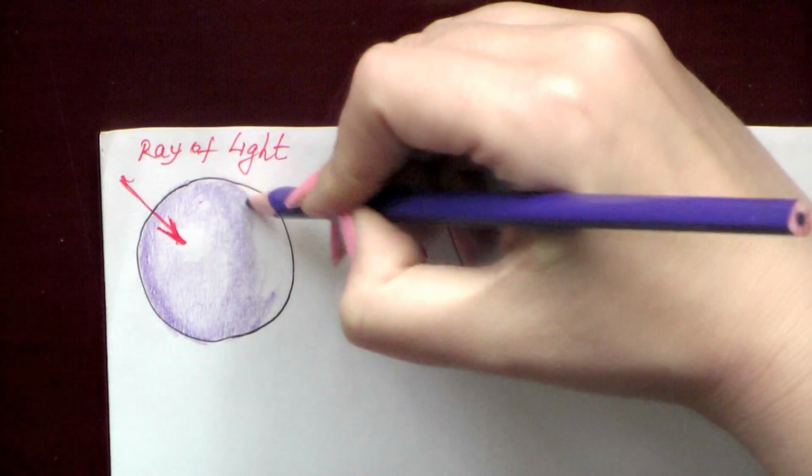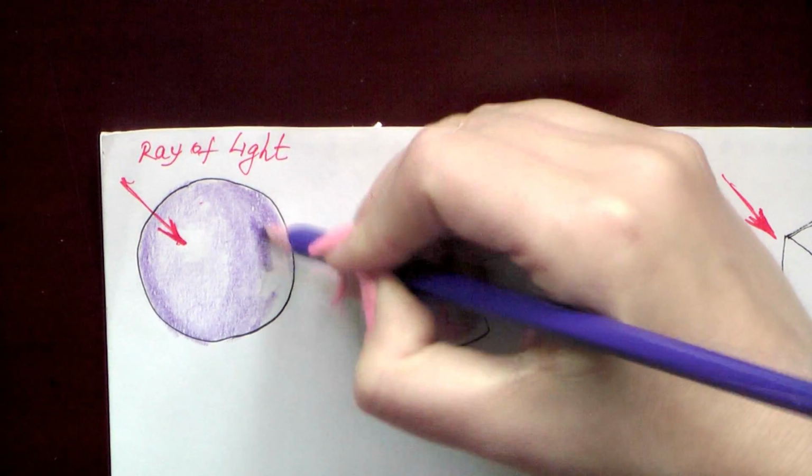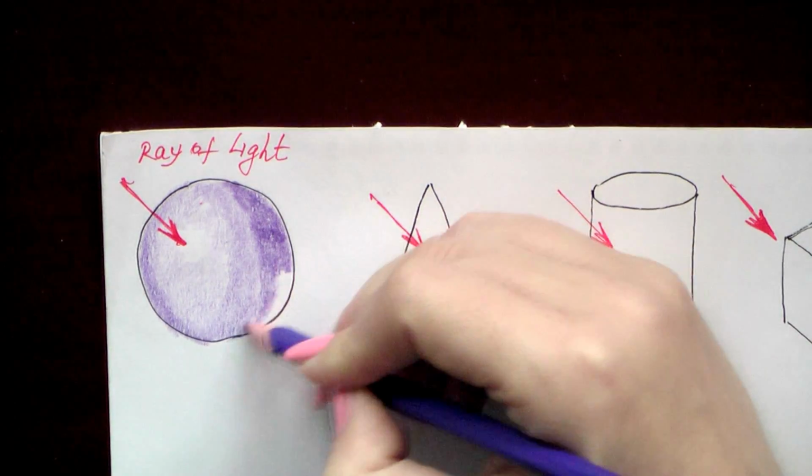And here is the core shadow, the darkest part, where we don't have any light.